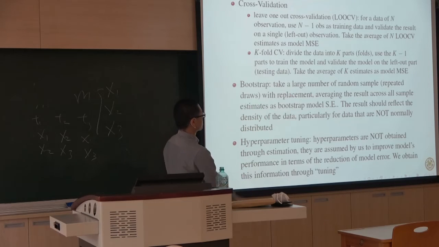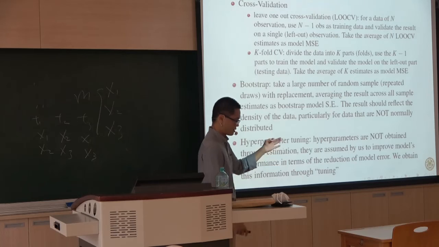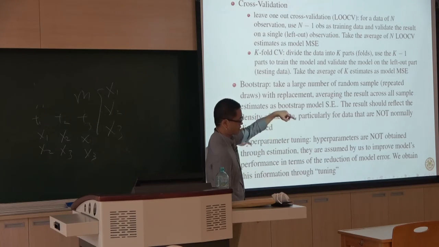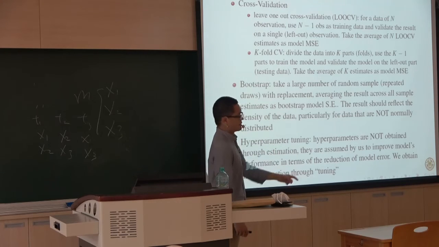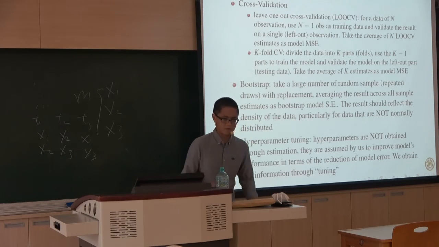So if you can repeatedly draw lots of data points of a certain value, you know that the density region is probably bigger. This method can help us detect the density of the data.